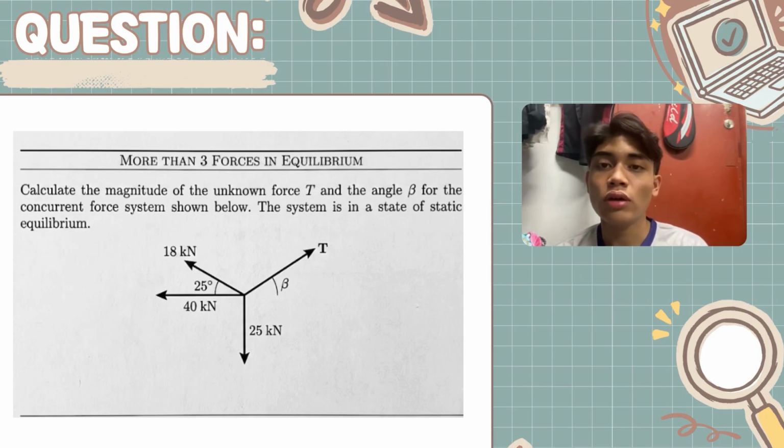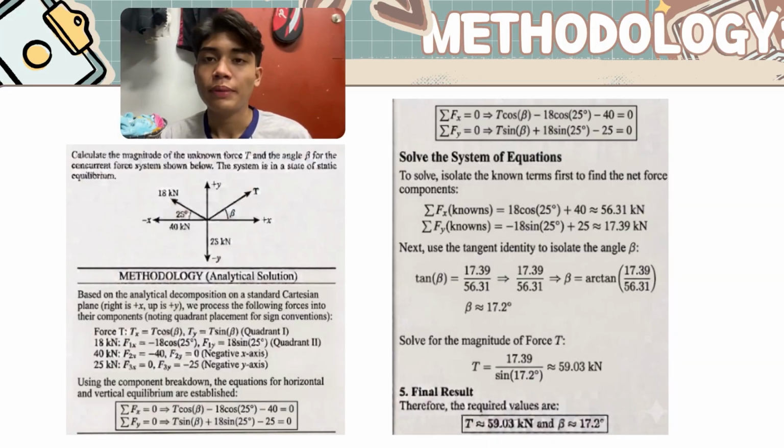Our goal is to calculate the magnitude of the unknown force T and find its angle. By mapping our vectors into a standard Cartesian plane where right is positive x and up is positive y, we can solve this systematically using a component breakdown.